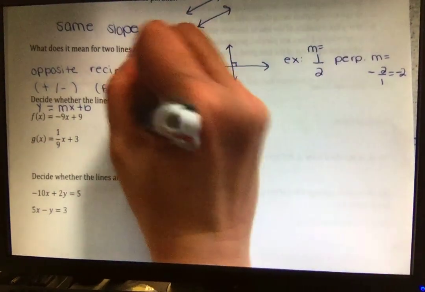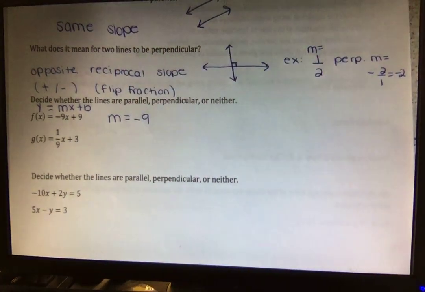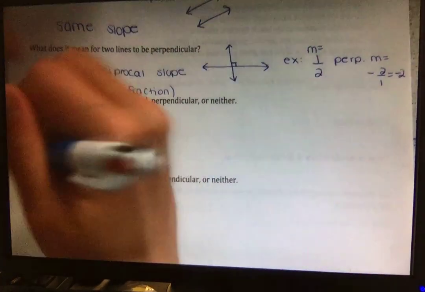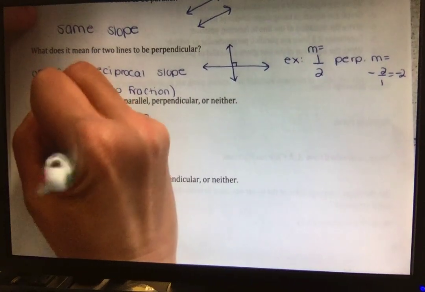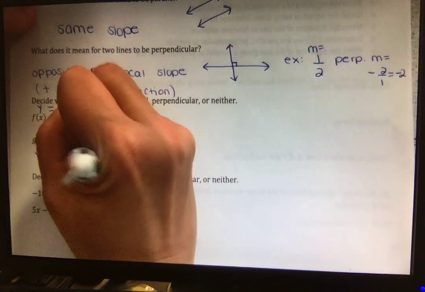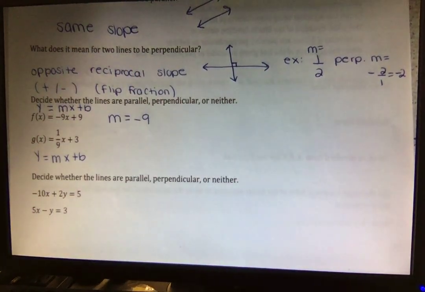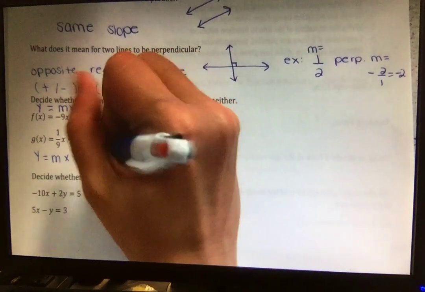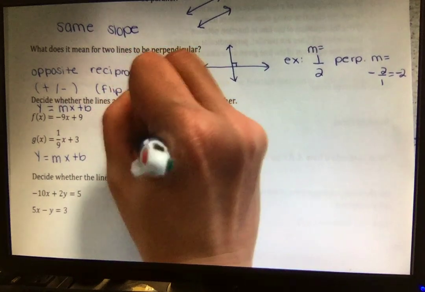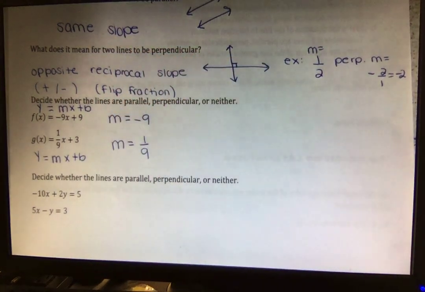Negative 9, thank you. For our second one, we have g of x. What does g of x mean? Y, same thing as y. So g of x equals 1/9 x plus b. So thankfully this one's also in slope-intercept form for us. So what is our second slope? Positive 1/9. So we see they're opposite reciprocals. One's positive, one's negative. One is 9, which is 9/1.